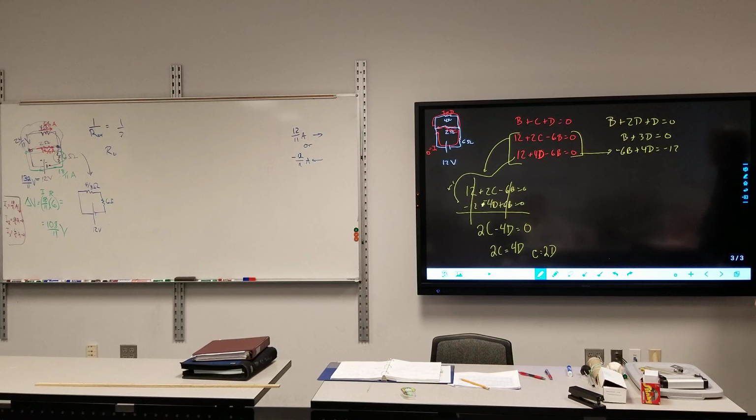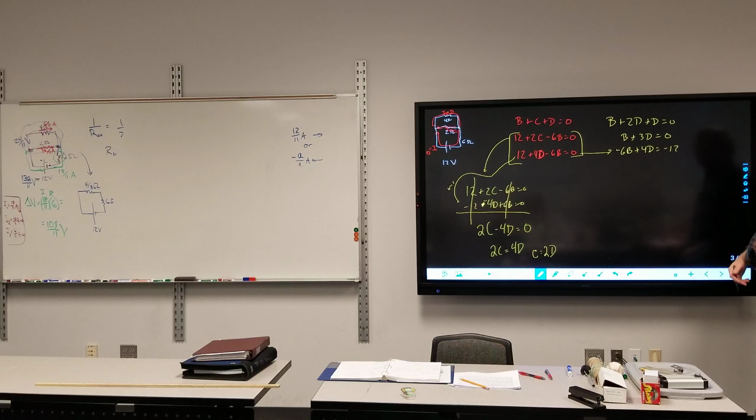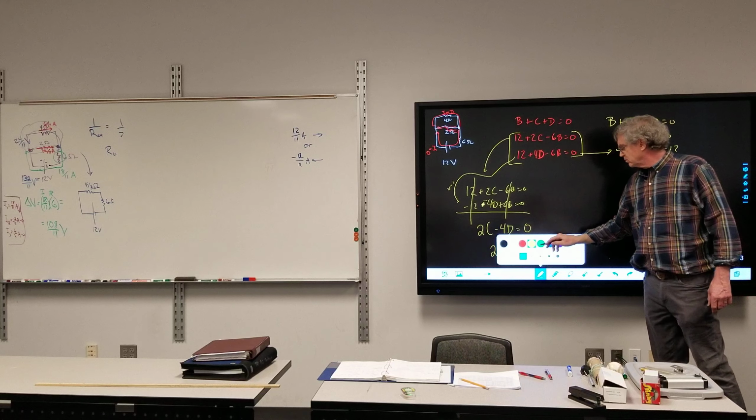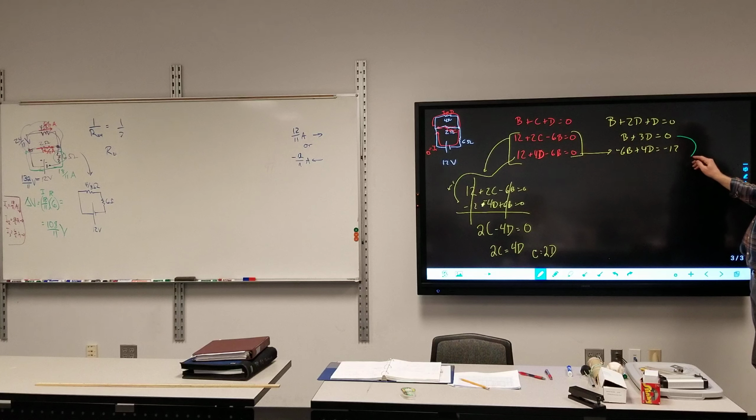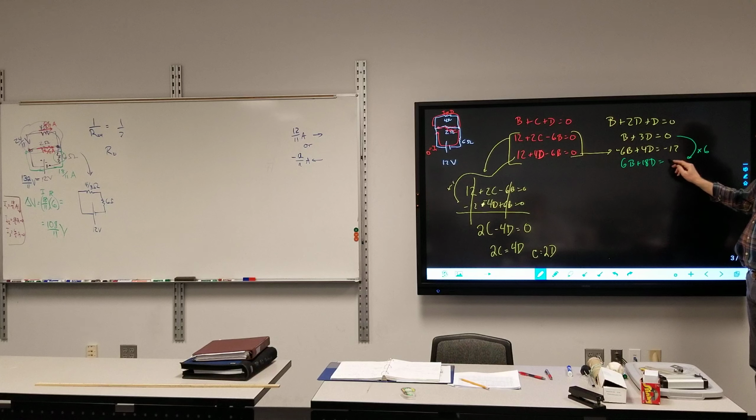Now if I just add them up, I'm not getting rid of a variable, so I have to multiply one of these equations. So I'm going to multiply this top equation by 6. Because if I multiply that by 6, then those will cancel out. Times 6. And so I get 6B plus 18D equals 0.